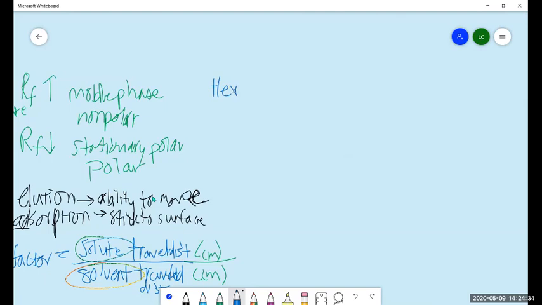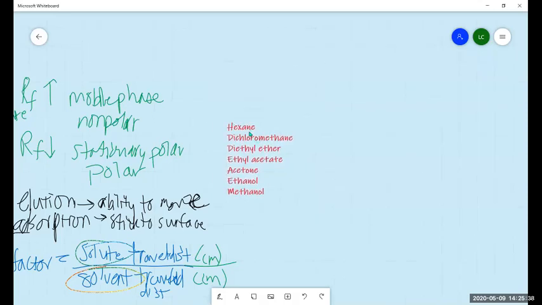So you have hexane, dichloromethane, okay, so you see you have these components, and it says low affinity or eluting power up here, and a higher affinity or eluting power up here.